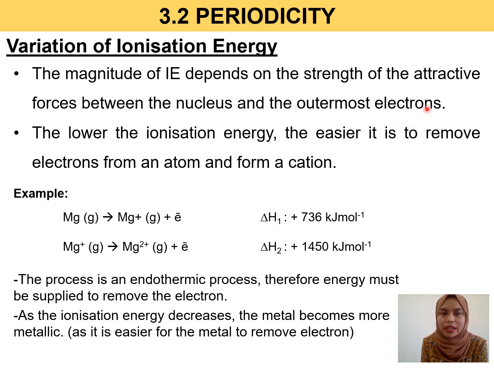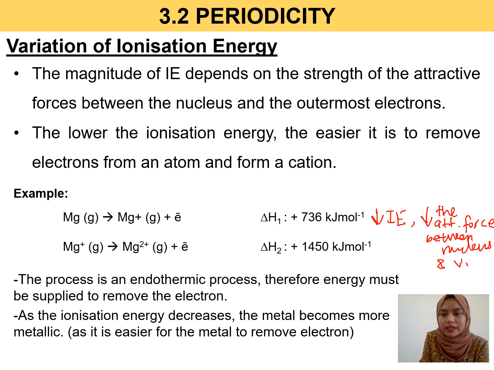So the lower the ionization energy, in this case for example, the magnitude of the ionization energy for magnesium is smaller than for Mg plus to form Mg2 plus. Okay, the lower the IE, the lower the attractive force. Okay, attractive force between what? Between nucleus and valence electron.